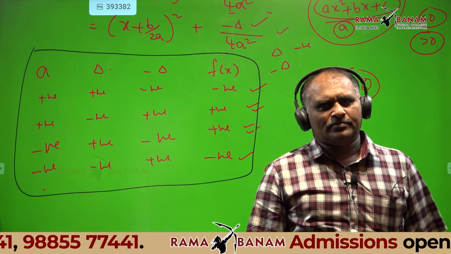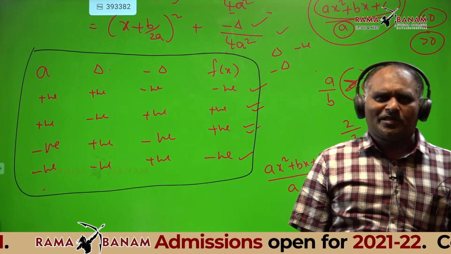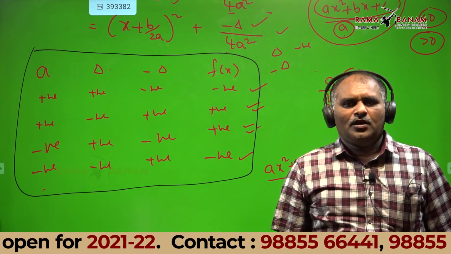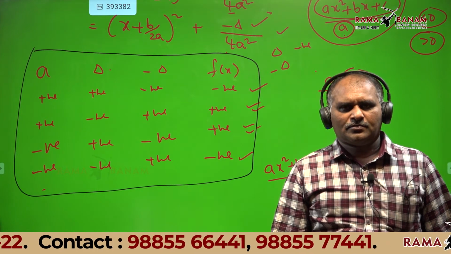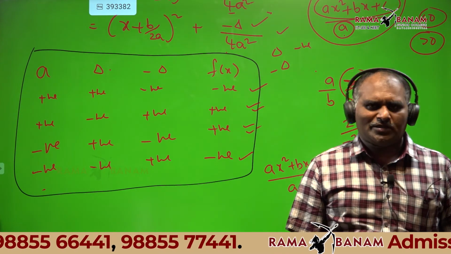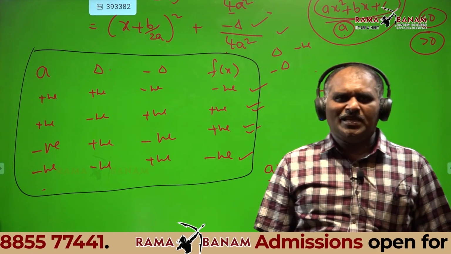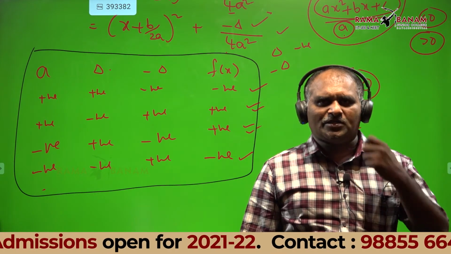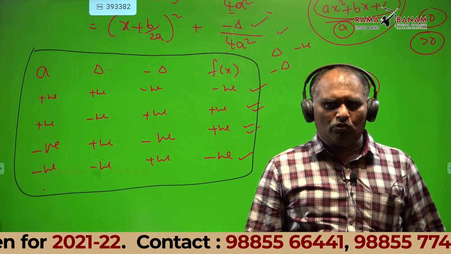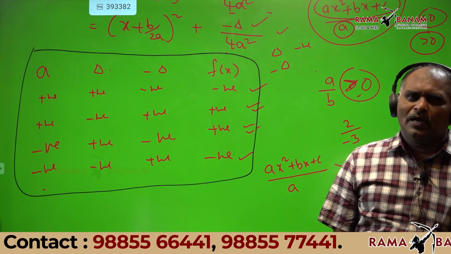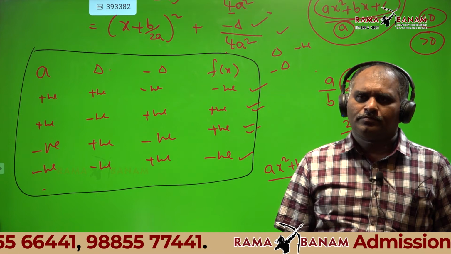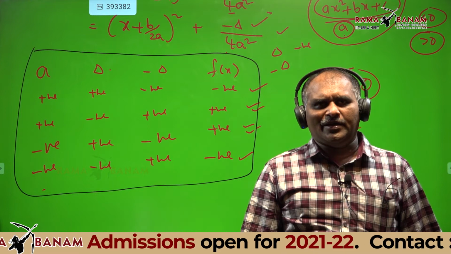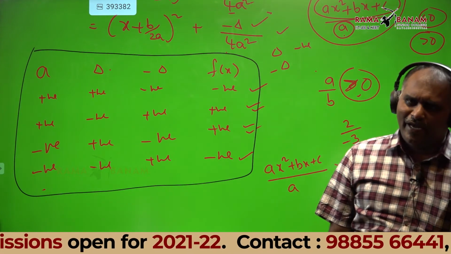Next line. If ax square plus bx plus c is less than 0, then a and delta have equal signs.